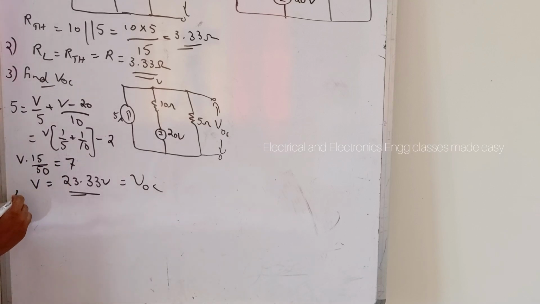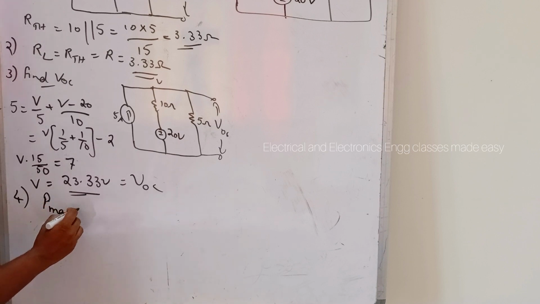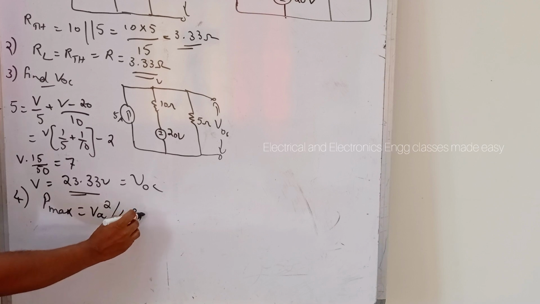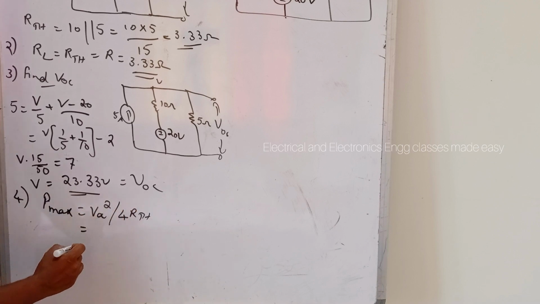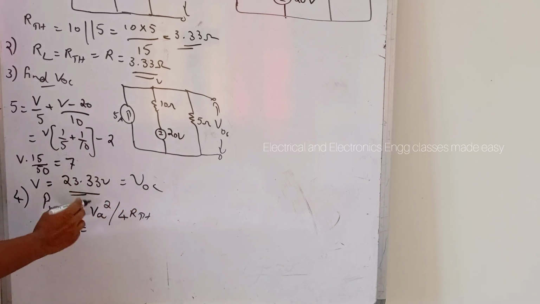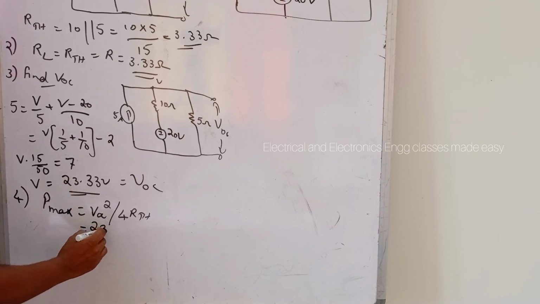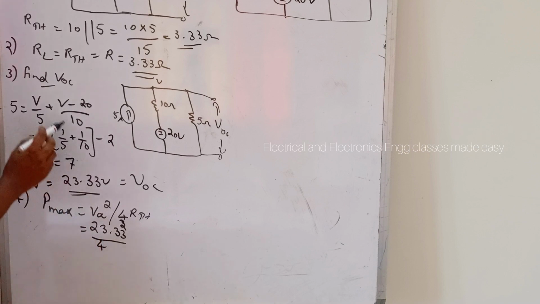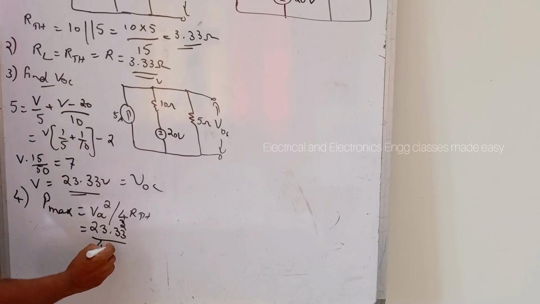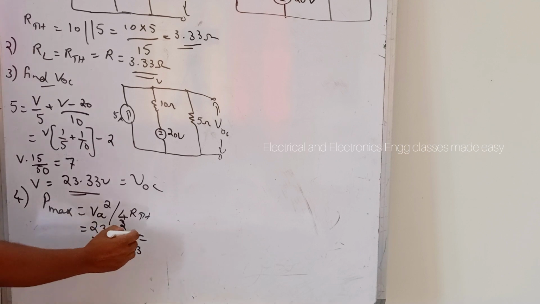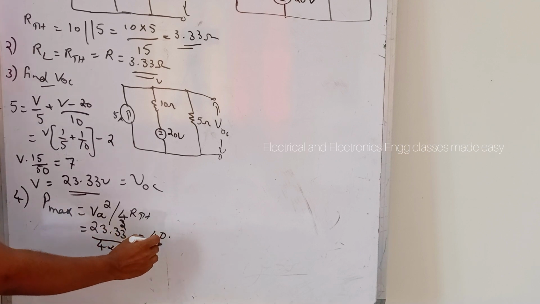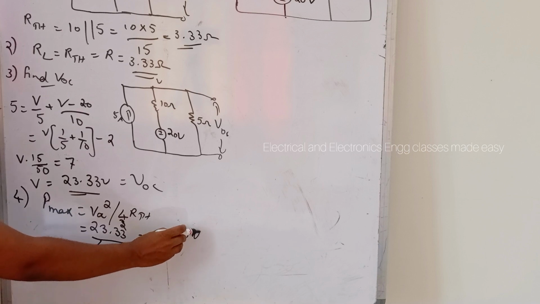Now we can find the value of maximum power, that is Pmax is equal to VOC square divided by 4RTH, and that is equal to 23.33 square divided by 4 into RTH, which is 3.33, and that is equal to 40.75 watts.